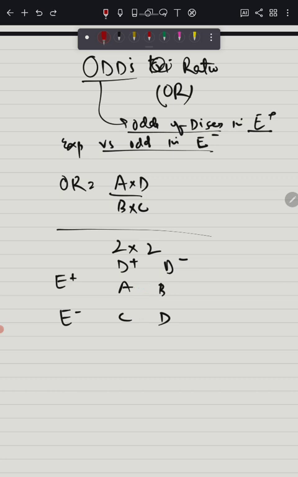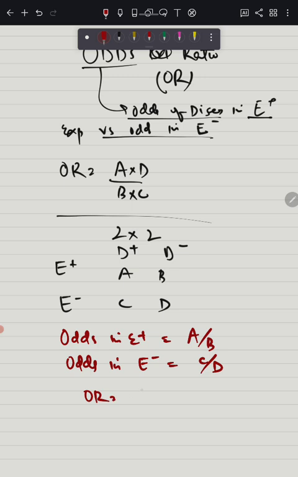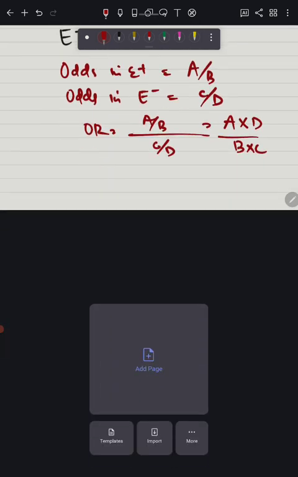Now the odds in the exposed is A divided by B, whereas the odds in the unexposed is C divided by D. That's why the odds ratio is A divided by B whole divided by C by D, so A multiplied by D divided by B multiplied by C. So this is the odds ratio.